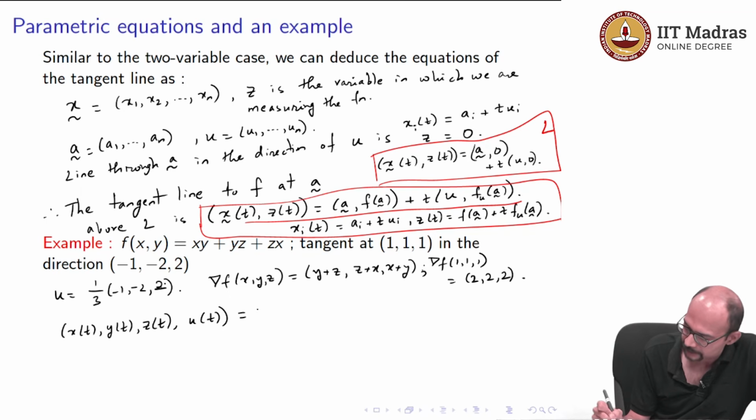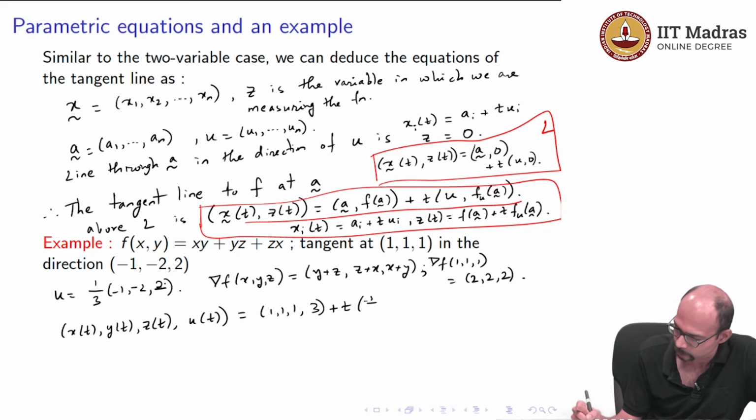So, u(t) is the point 1, 1, 1 comma the function evaluated at 1, 1, 1, which is 3, plus t times the unit vector, minus 1/3, minus 2/3, 2/3, comma f_u.